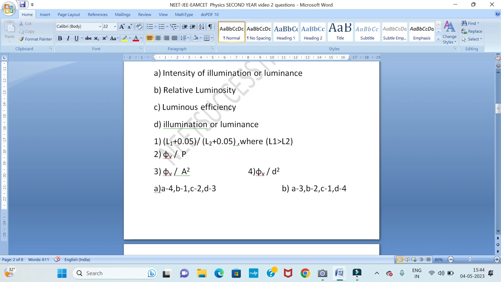Here we can take capital IV by D square.